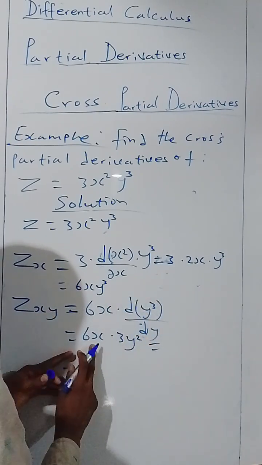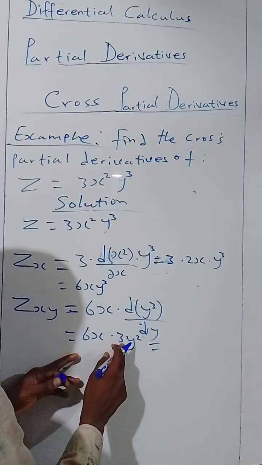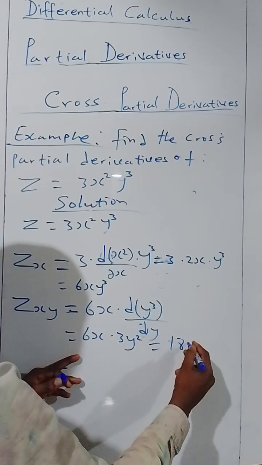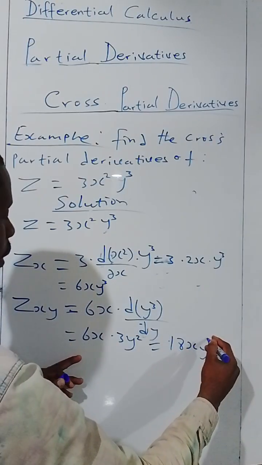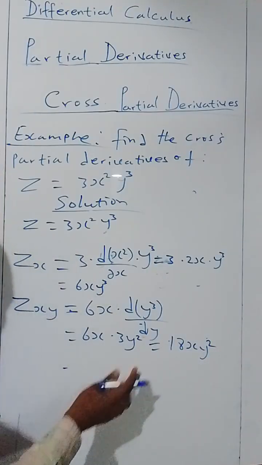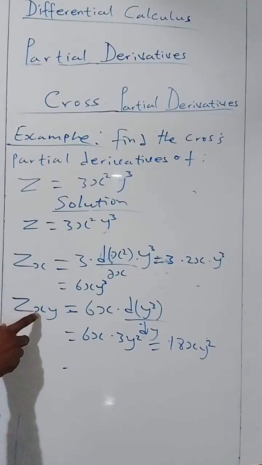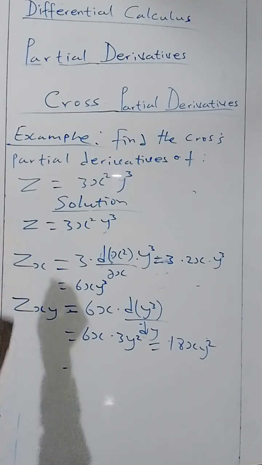Then you multiply 6x by 3y squared, and you have 18xy raised to power 2. This is the cross partial derivative, the second partial derivative of z with respect to x and then y.